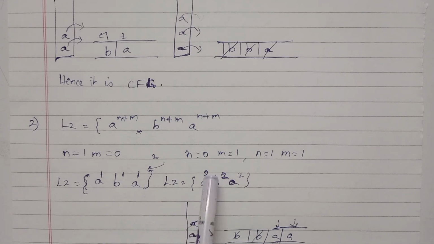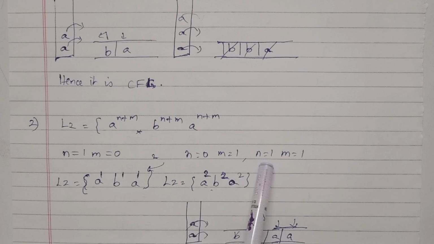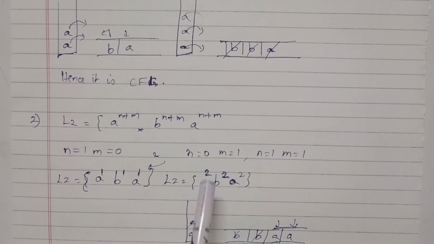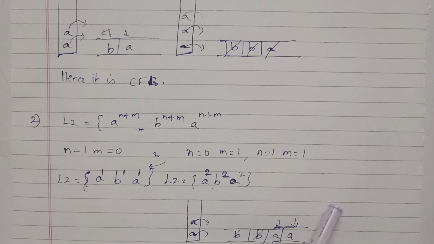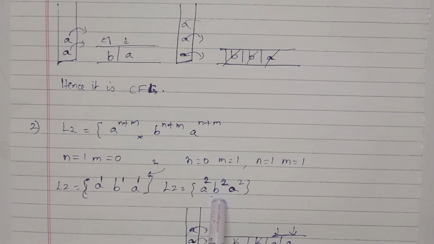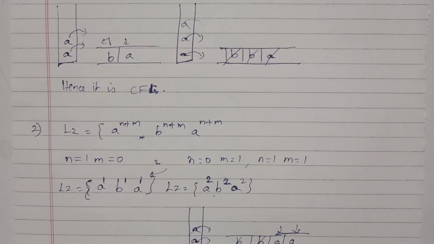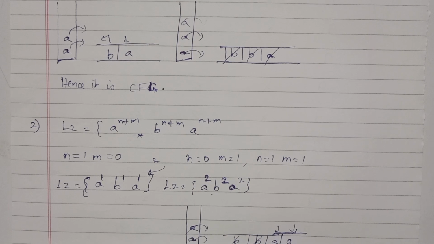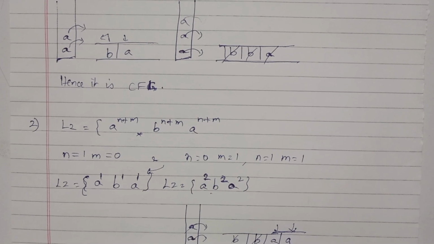Similarly, if you take n equal to 1 and m equal to 1, all three values are the same, a^2, b^2 and a^2, but there's no way of comparing them. If you put the first two a's in the stack, the next two b's can pop them, but then there's no way to check whether the number of a's is 2.